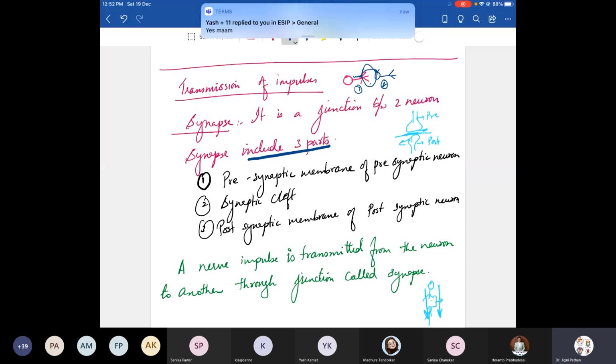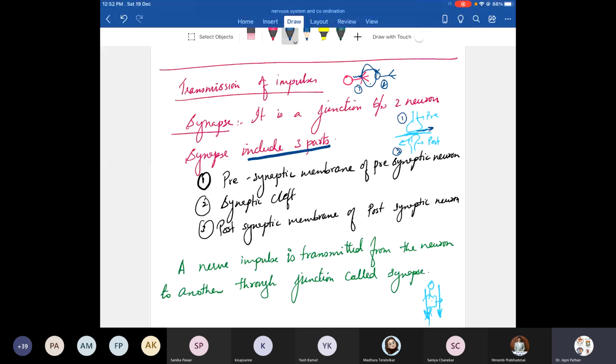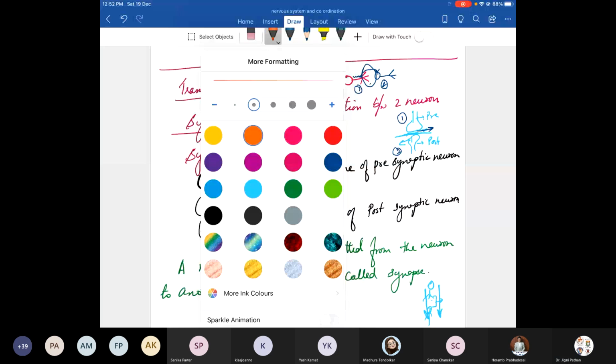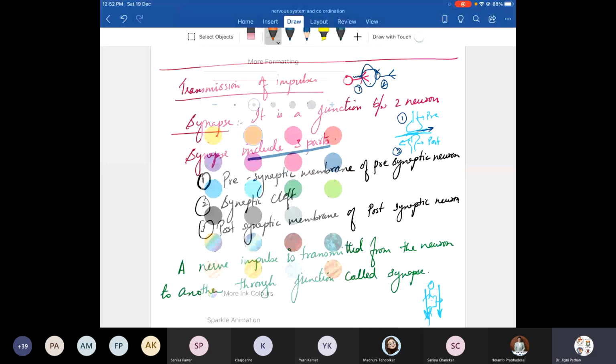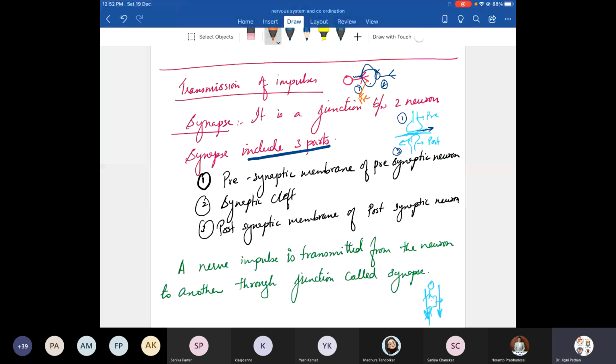Synapse includes how many parts? Three parts. One is presynaptic. This is neuron 1, this is neuron 2. This membrane is called the presynaptic membrane. This is the postsynaptic membrane. And the gap in between is called the synaptic cleft.